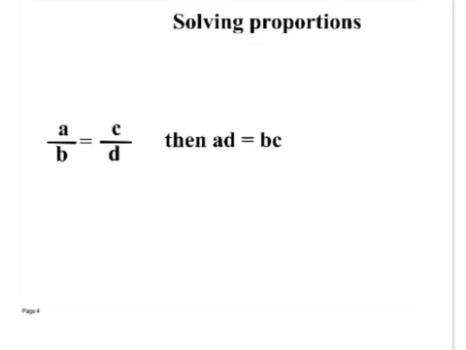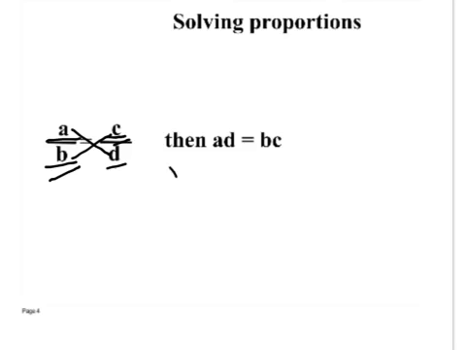It says if they are proportional, then A times D and B times C are going to be equal. We call this cross multiplying. We can cross multiply this numerator with this denominator and this denominator with this numerator, and they'll be equal on both sides.